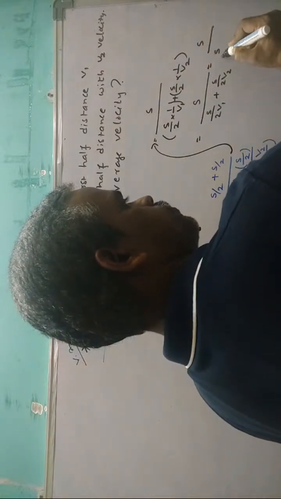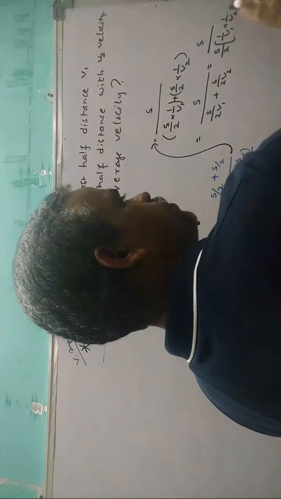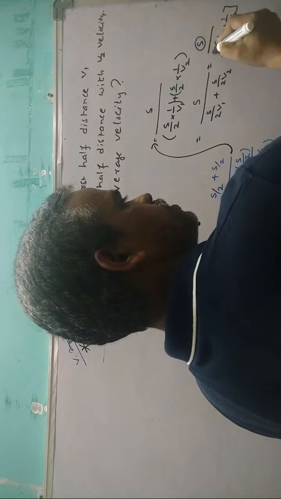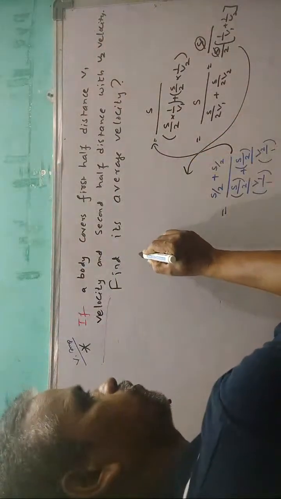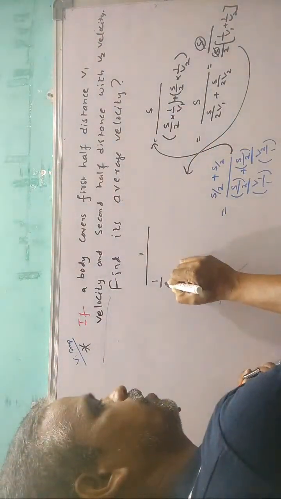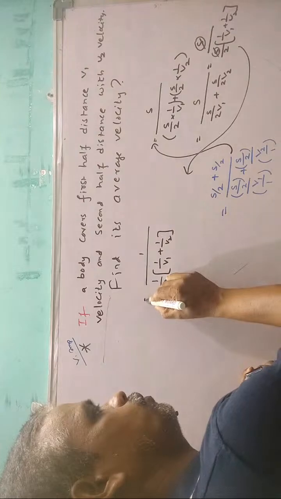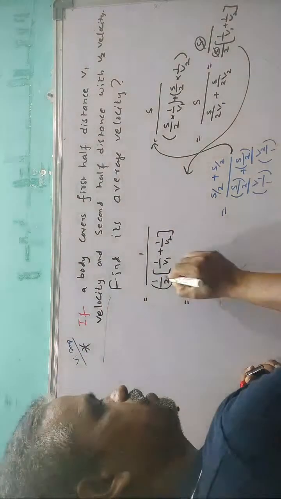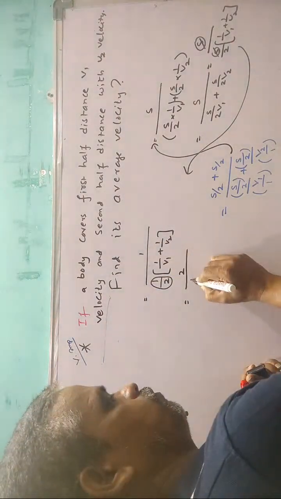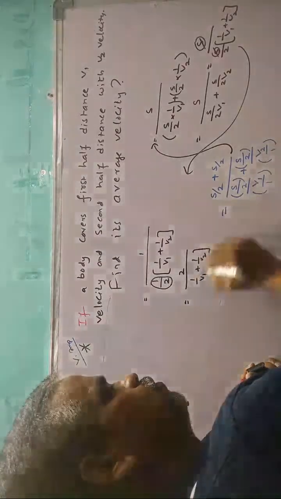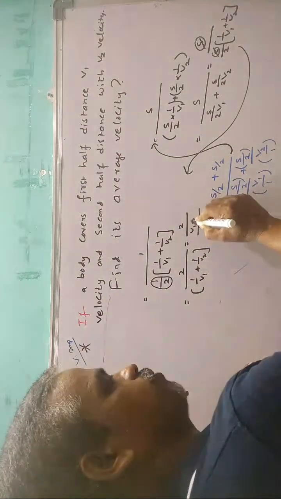Take S common, 2 also common: 1 by V1 plus 1 by V2. Numerator S, denominator S, you can cancel it. So here 1 by 2 is in the denominator, it goes up, that means 2 by 1 by V1 plus 1 by V2, which equals V1 V2 by V1 plus V2.